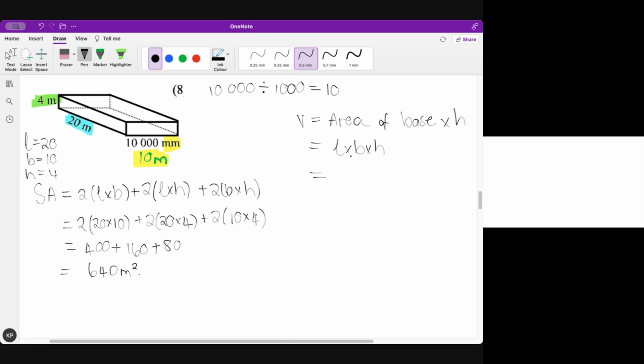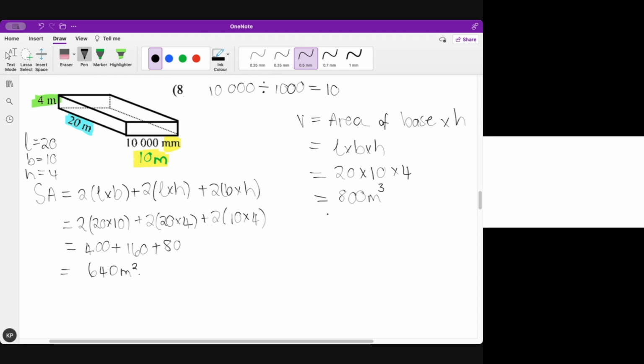So you're just multiplying everything you have basically. 20 times 10 times 4. So that is how much? 200 times 4. So that's 800. Can we check? Thank you very much. 800 meters cubed.